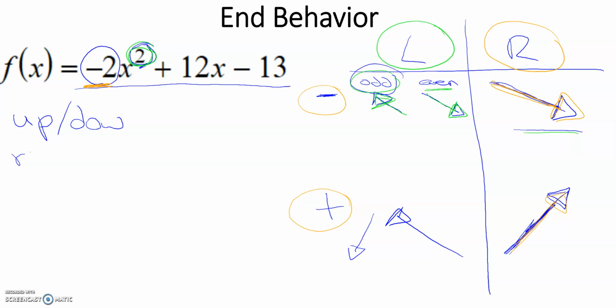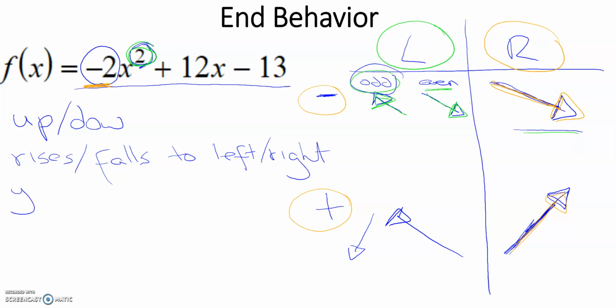Now describing it, we can say up or down. We can say rises or falls to the left or to the right. Or you may see it look like as y approaches negative infinity, x approaches negative infinity. And how you determine that, if you can't visualise it, just draw a quick little set of axes.